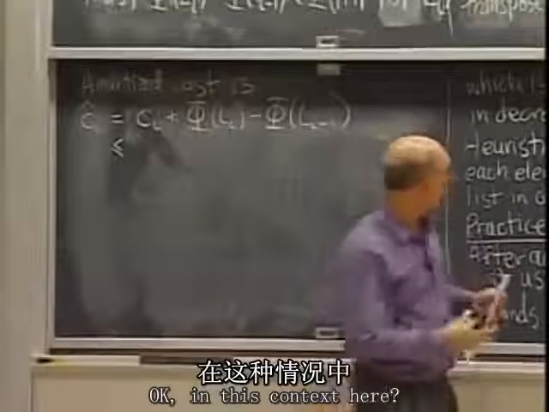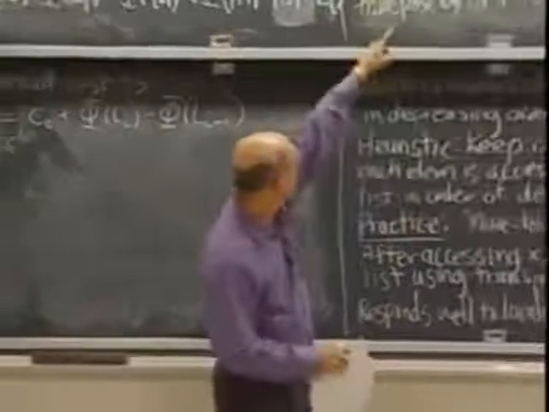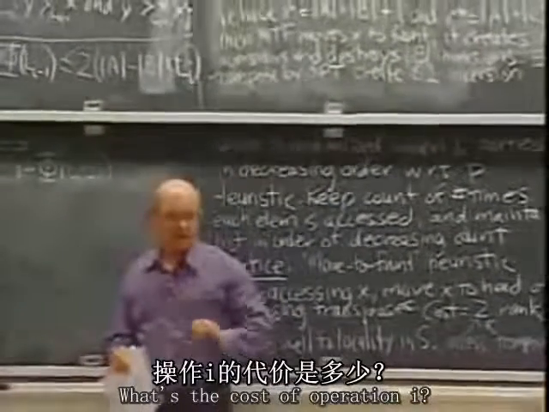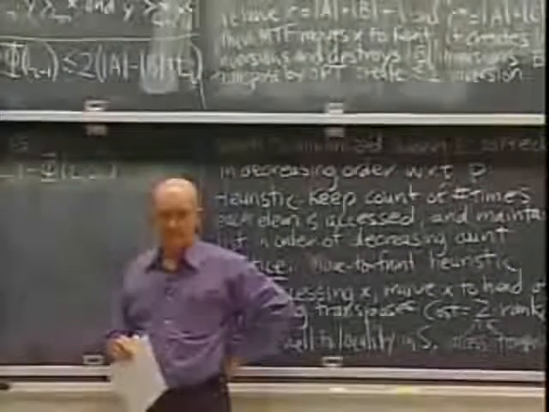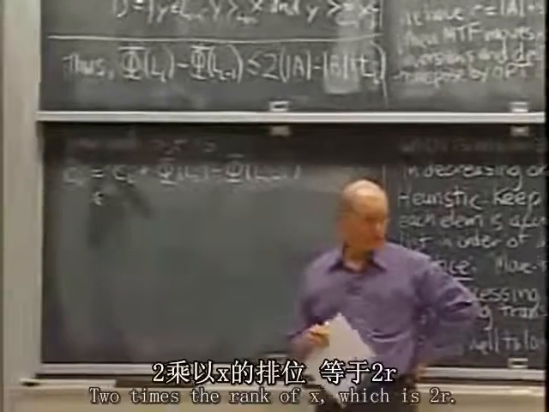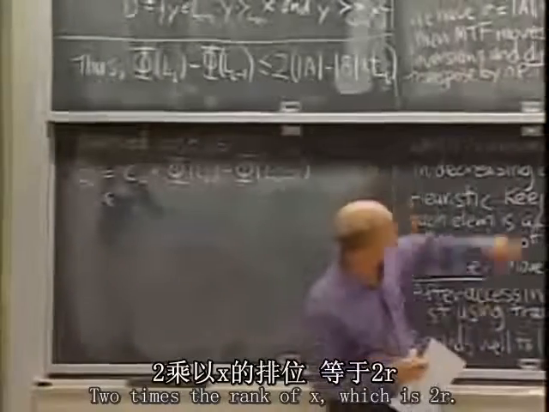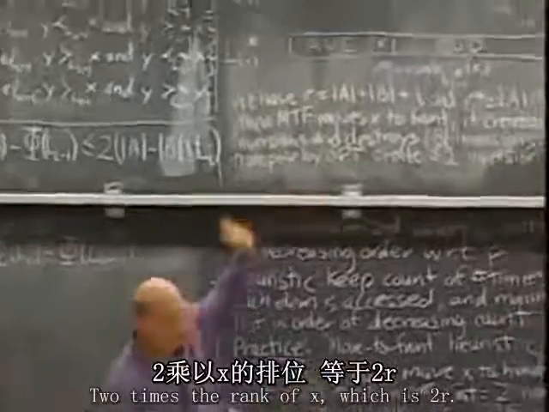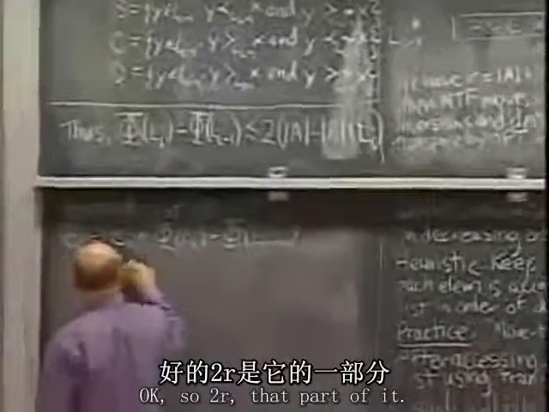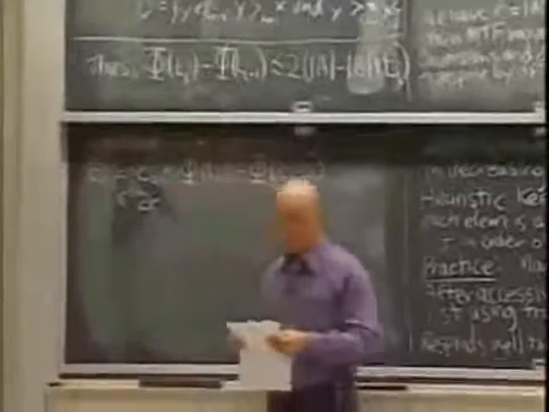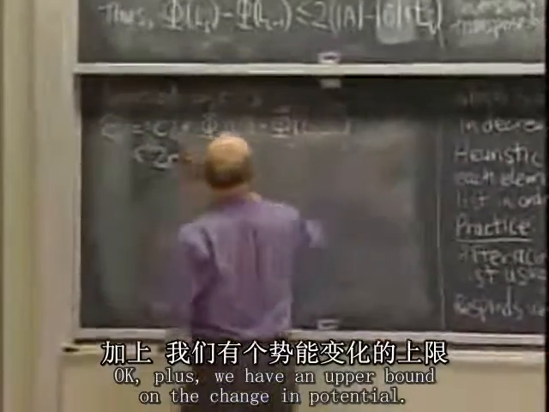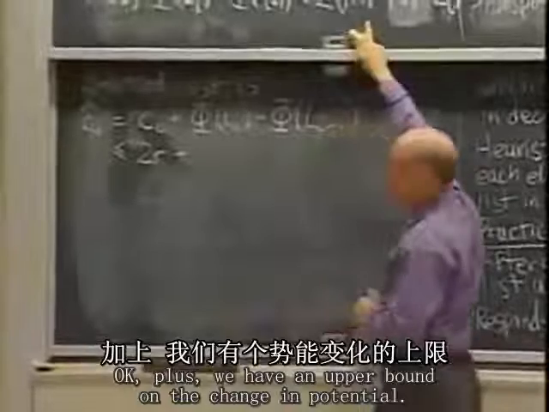Okay, in this context here, we accessed x there. What's the cost of operation i? 2 times the rank of x, which is 2r. Okay, so 2r, that part of it. Plus, well, we have an upper bound on the change in potential.